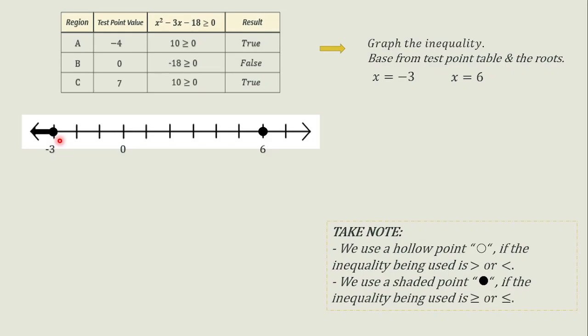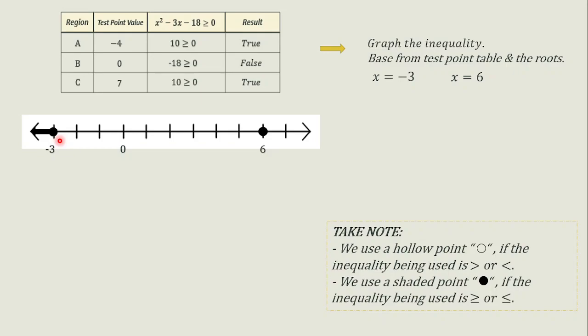It means all the numbers in that shaded area of region A are part of the solution set. Then, the middle is false. Because the middle region B is false, we will not darken or shade that part. It stays plain.